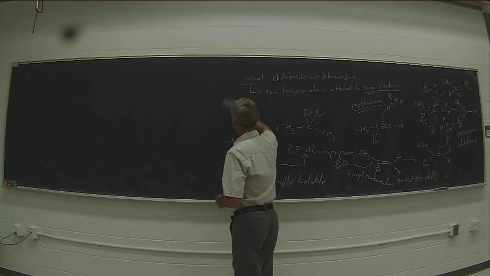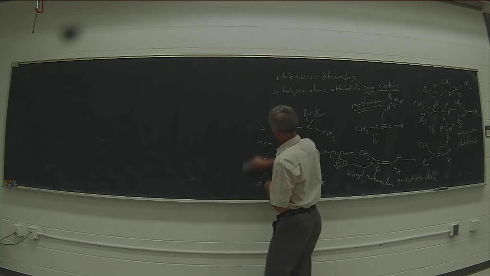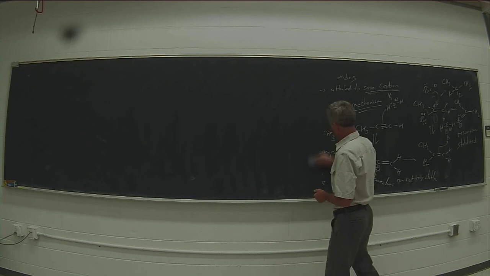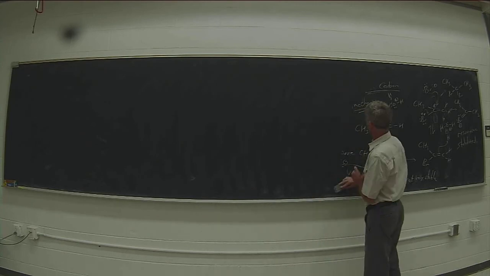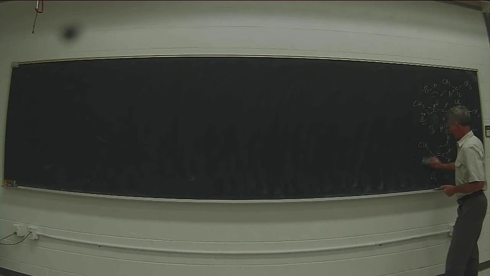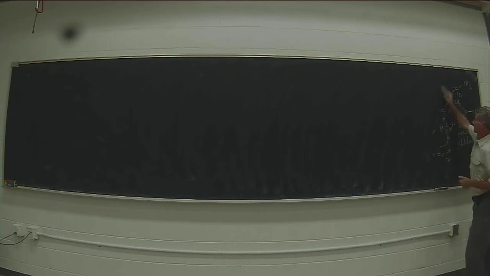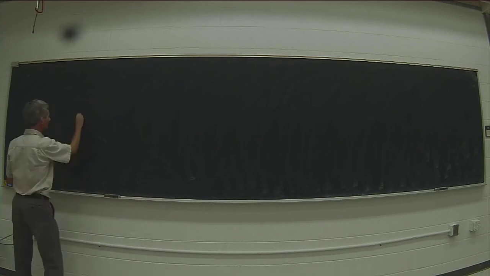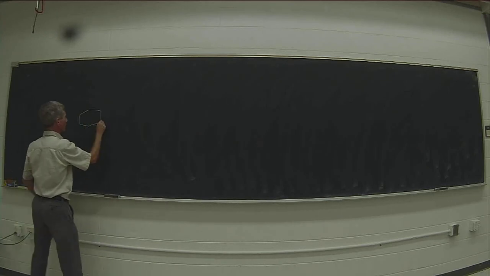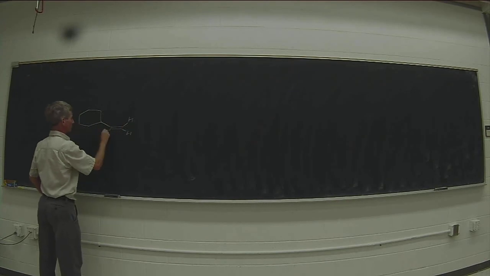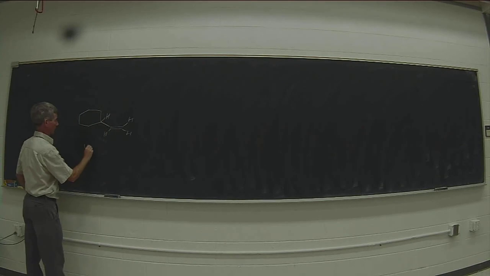So let's think about what would happen if we tried to hydrate an alkene that had branching in the beta position, not on the double bond, but next to the double bond. So, for example, vinylcyclohexane.